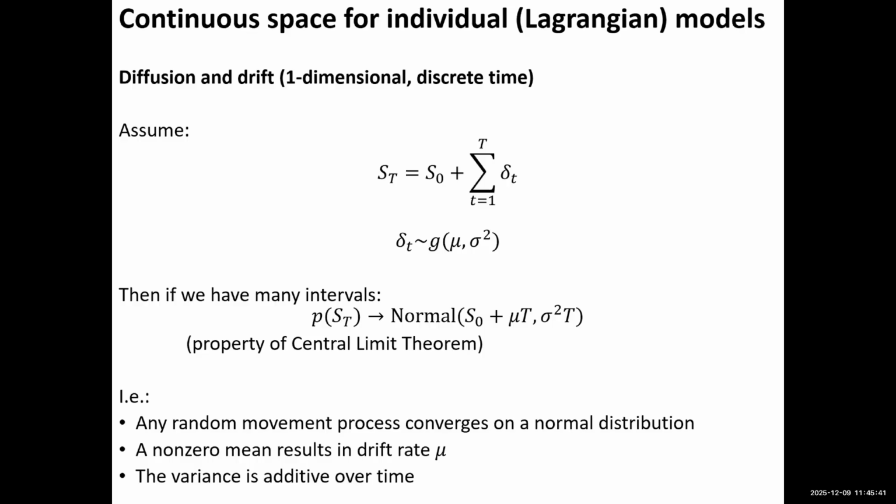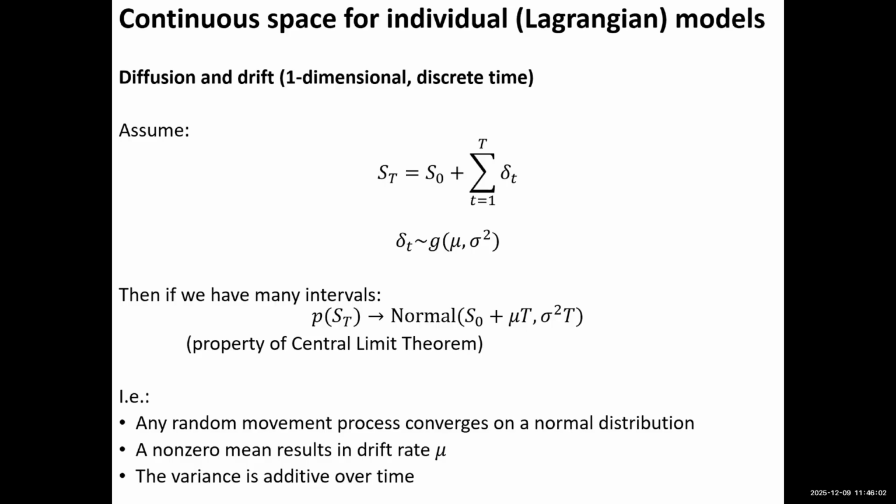And if you sum a bunch of those together, it converges on a normal distribution under the central limit theorem. So you just take a bunch of equal intervals, sum them together, and you get a net change that's normally distributed with the variance times the number of intervals, plus the drift term.